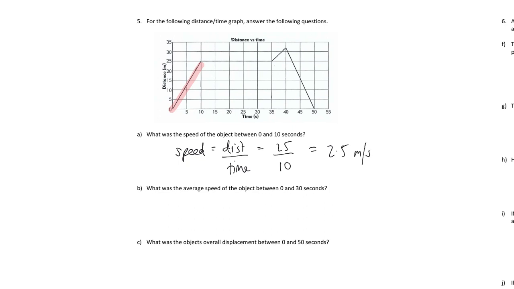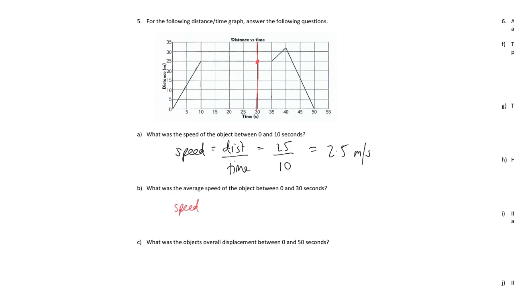All right, what is the average speed between 0 and 30 seconds? Okay, this is a bit of a tricky one. Because this is average speed, it's asking for the speed that it's gone between 0 and 30. So the question is effectively, how far did it go in 30 seconds? In 30 seconds, it's up to here, and it's only traveled 25 meters.